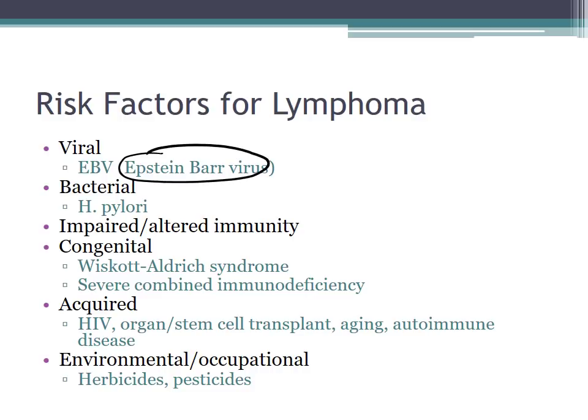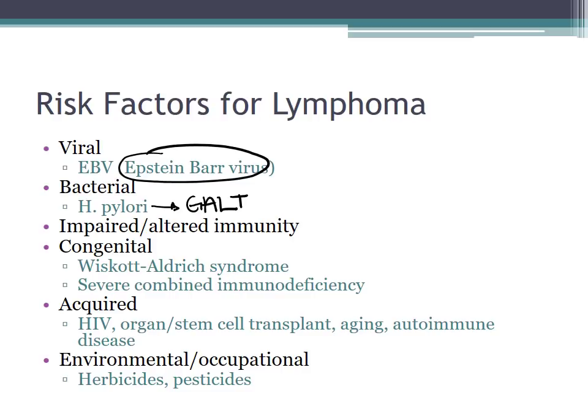And the Epstein-Barr virus is especially implicated in Hodgkin's lymphomas. Bacterial infections could be responsible for lymphomas as well, especially H. pylori, which is related to gastric-associated lymphomas, also called GALT. We'll discuss that a little bit later.